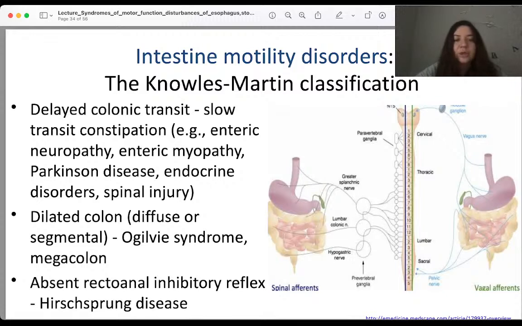Another form, according to this classification, is dilated colon that can be diffuse or segmental, and includes Ogilvie syndrome and megacolon. And one more form is absent recto-anal inhibitory reflex, as in Hirschsprung disease. All these forms are more detailed. You should prepare them for practical classes.